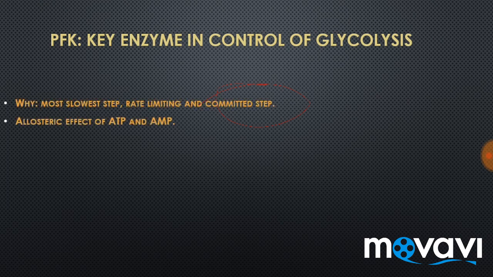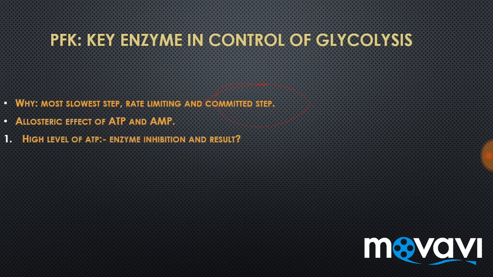Next, we are going to discuss the effects of certain molecules on this enzyme. The first one here is the allosteric effect of ATP and AMP. First we start with ATP.